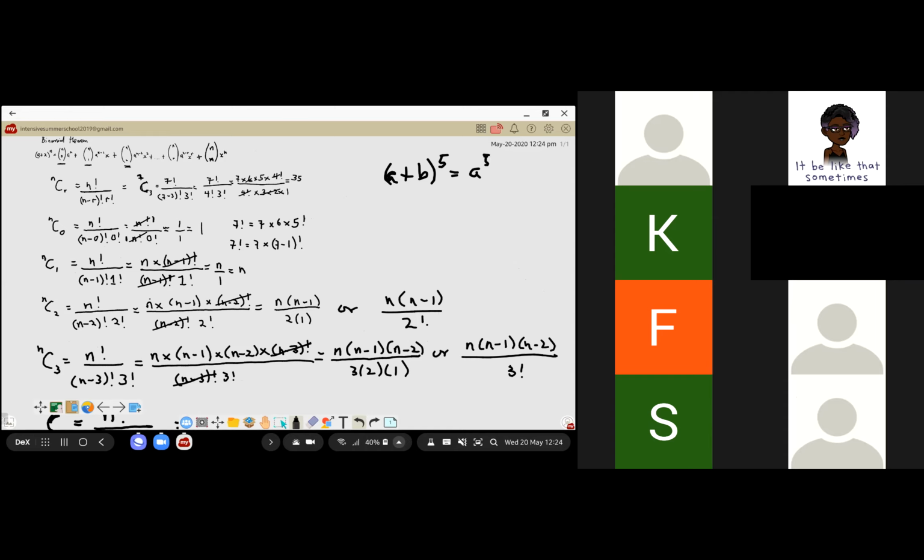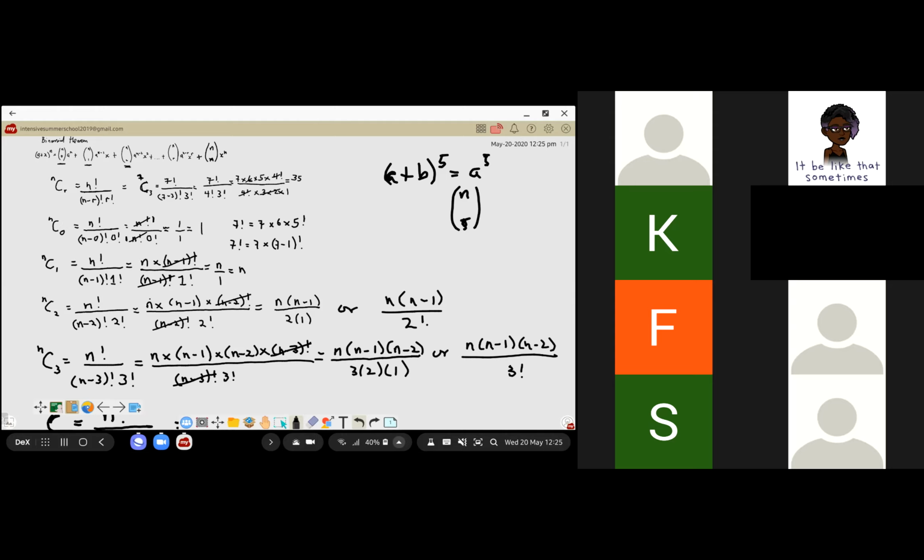So it's going to be n combination 0, right? And then the last one was n combination 5. The r can never be more than the n. Is that clear? Yes, please.